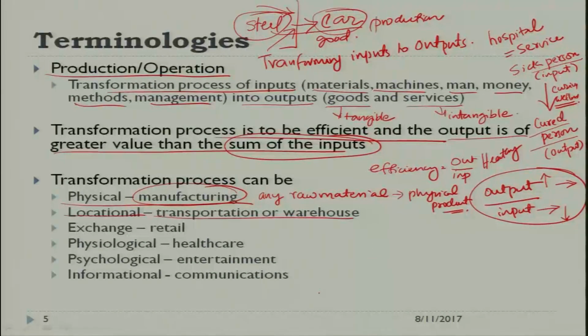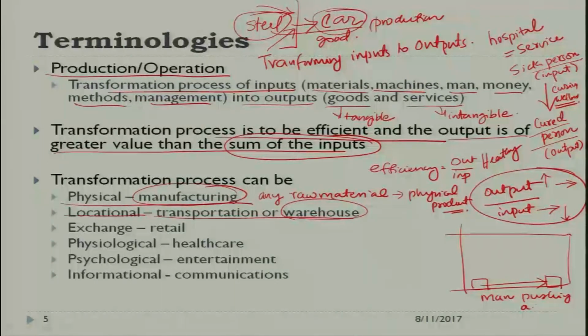Transportation, as I showed you, could be a third party logistics transformation or locational transportation, or it can be a warehouse. If you think of a warehouse like a big building, you have stored something here and you move it to another location. This movement can be a man pushing a cart, or a forklift, or a crane, many options.